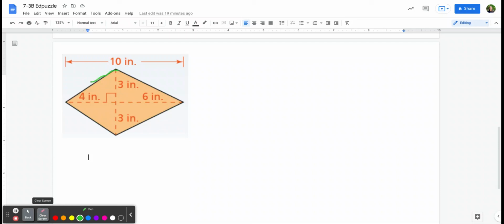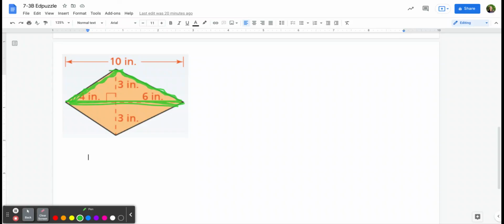Or you can do the triangle on the left and the triangle on the right. And although they will have the same base, I can already see that they would have different heights. So I would have to do 2 areas. So if I'm looking at this, I'm going to do the problem the way that I see 2 triangles that are the same size. That way I only have to find one area.